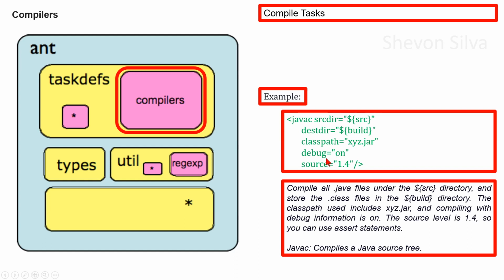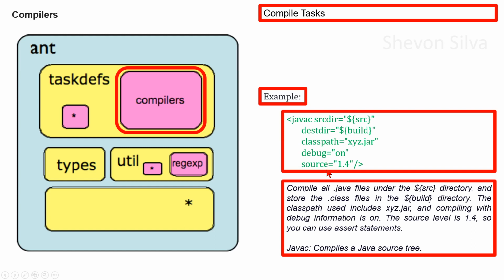If set to off, -g:none will be passed on the command line for compilers that support it. For other compilers, no command line argument will be used. If set to true, the value of the debuglevel attribute determines the command line argument.